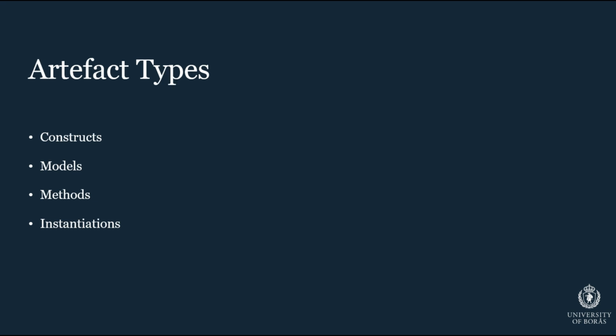Artifacts can be classified in various ways based on the type of knowledge they convey and whether the knowledge is explicit or embedded. Additionally, they can be categorized according to their function and use. Within design science, it has become well established to identify 4 types of artifacts, being constructs, models, methods, and instantiations.